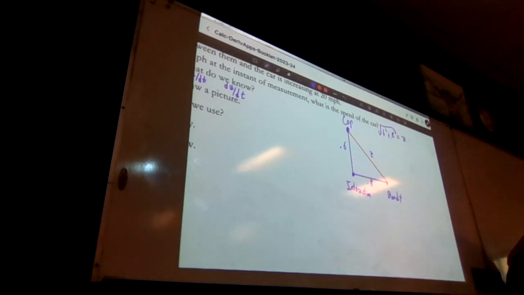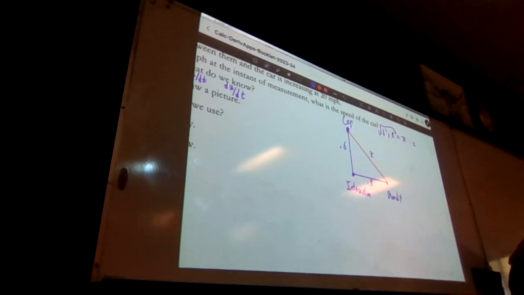I got 3.16. Actually, wait. I made a mistake. Z is equal to what?